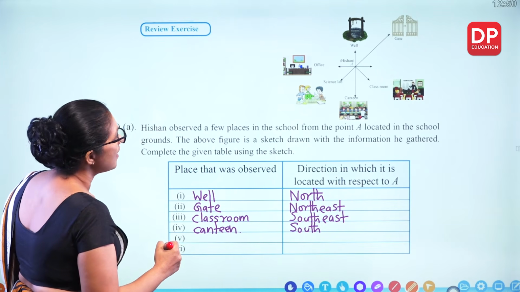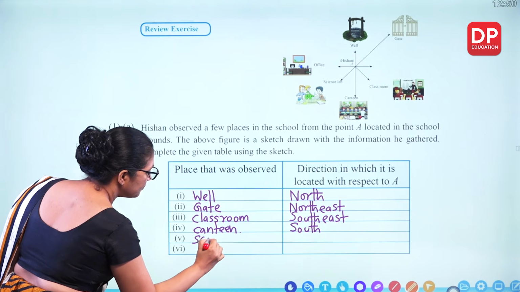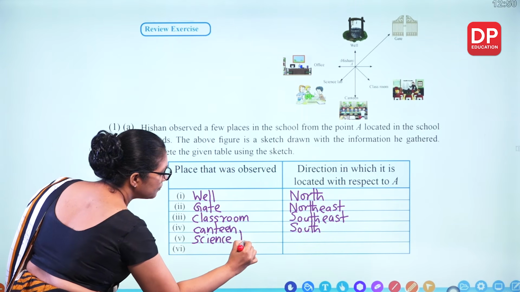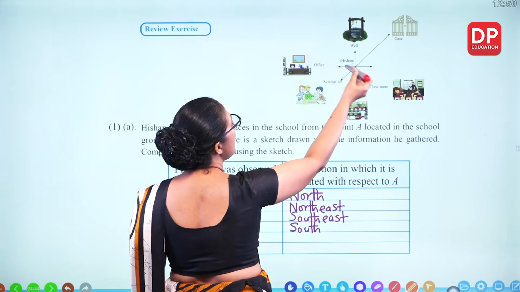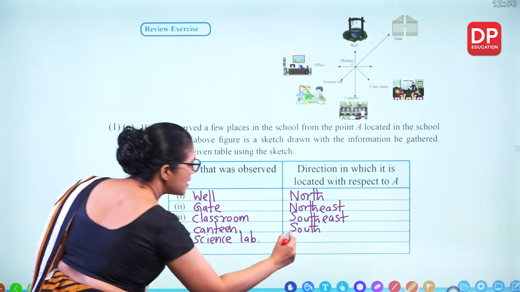Then the science lab. The science lab is in between south and west. So we call it southwest.